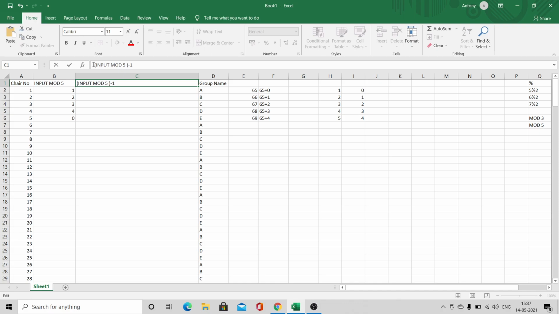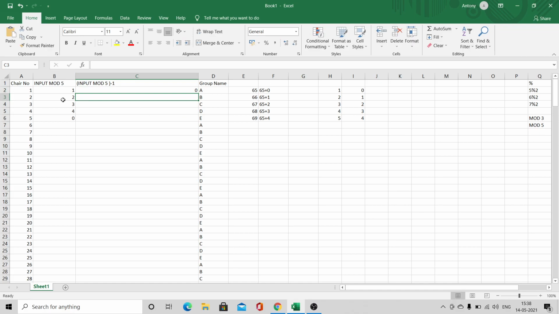Let's check what happens. Input value mod 5 minus 1. So that is 1 minus 1, that is 0. Yeah, you got 0.